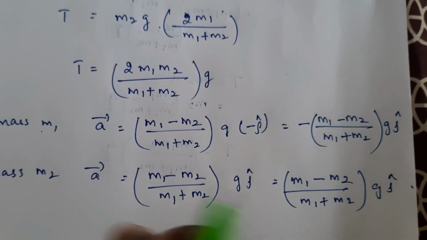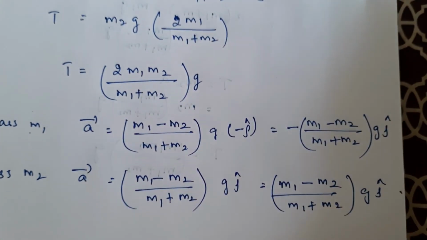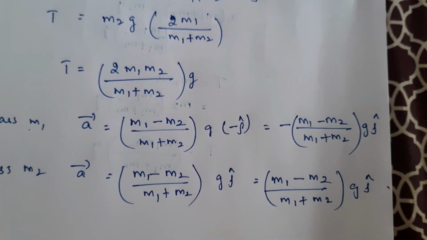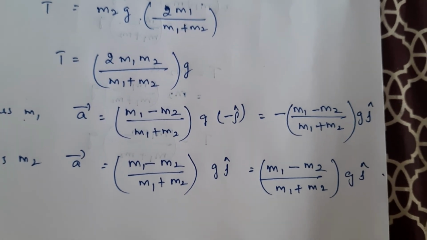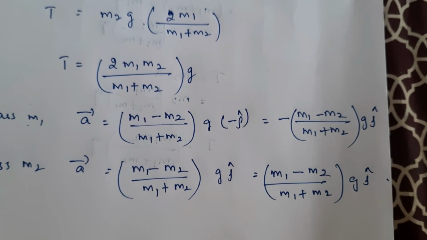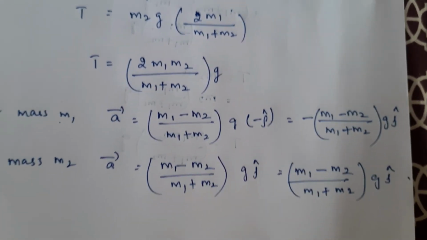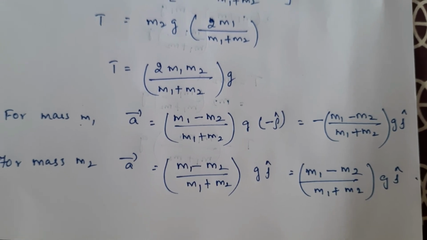So we got the acceleration as well as the tension for two bodies of masses m1 and m2 connected by a light inextensible string in a vertical direction. In a vertical motion we have found out the tension and the acceleration.